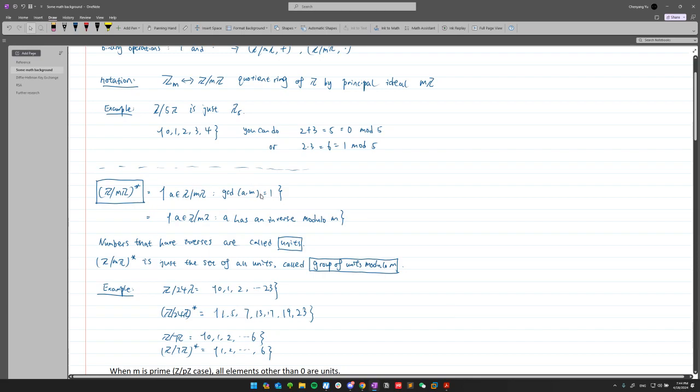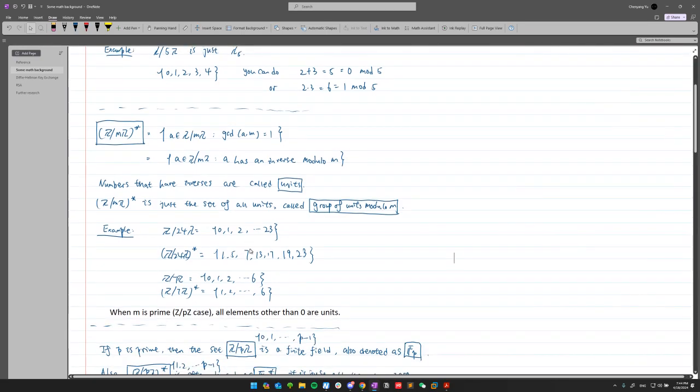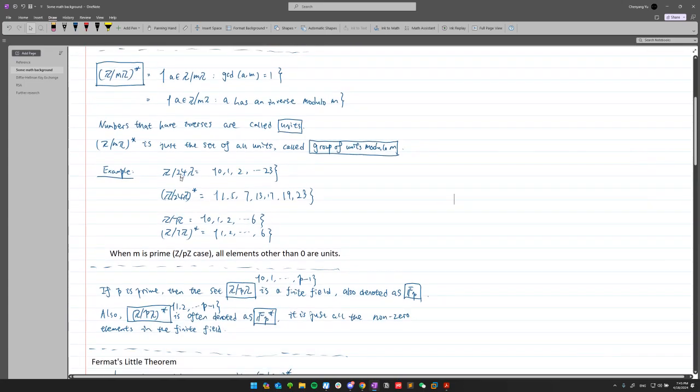The elements here are called units, and this group is called the unit group. For example, Z mod 24Z has 24 elements, from 0 to 23. The unit group has just a few elements, the ones that have a modular inverse. 24 is composite, so not all elements have an inverse.